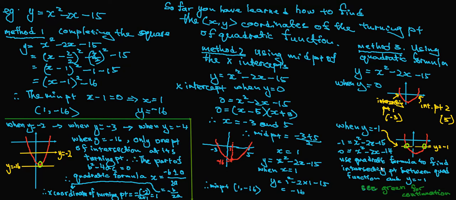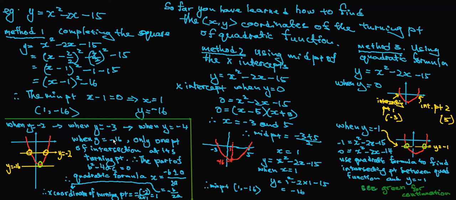So this quadratic you will solve using the quadratic formula. You will find the intersecting point, which is another intersecting point here. The quadratic formula will give you another intersecting point. Okay, next. If you continue y equal to minus 3, there is another horizontal line.